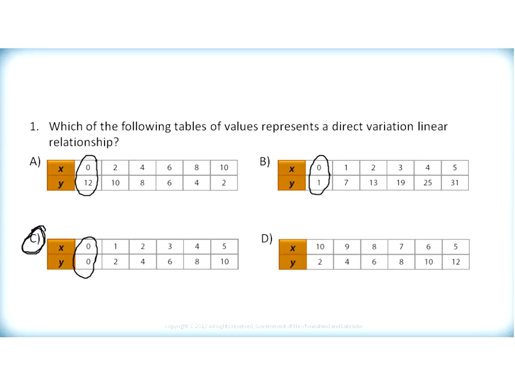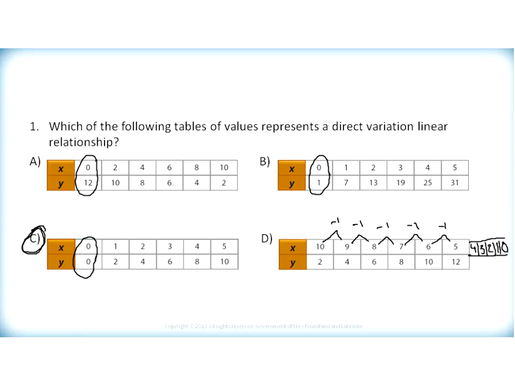Now check D. My independent variable, x, doesn't actually reach 0 on this chart. But we can see that each successive number is going down by 1 in my independent variable. So I'm going to have to extend my table, for instance, to get 4, 3, 2, 1, and 0.